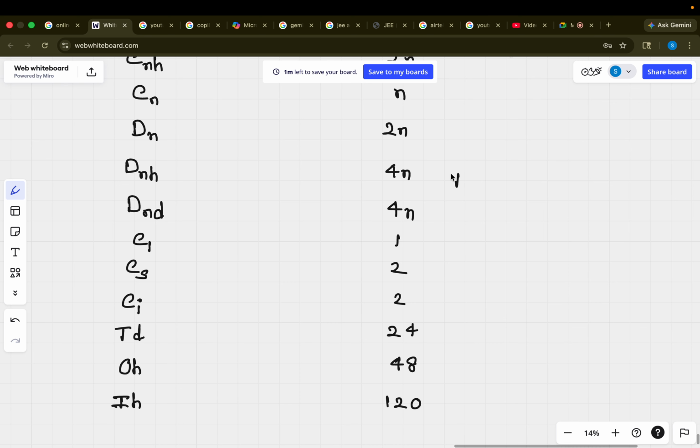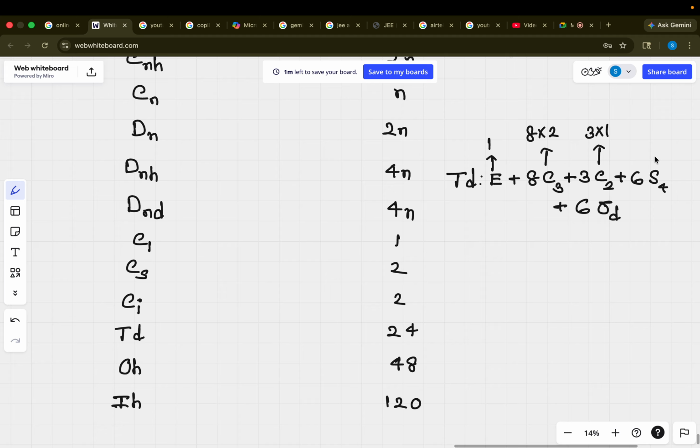So if I talk about tetrahedral, here you have one identity, 8C3. Apart from that you will have 3 C2 axes, 6 S4 axes, and 6 sigma d. You can find out that for identity you will get 1, for C3 you will get 8 into 2, for C2 you will get only 1, so 3 into 1.